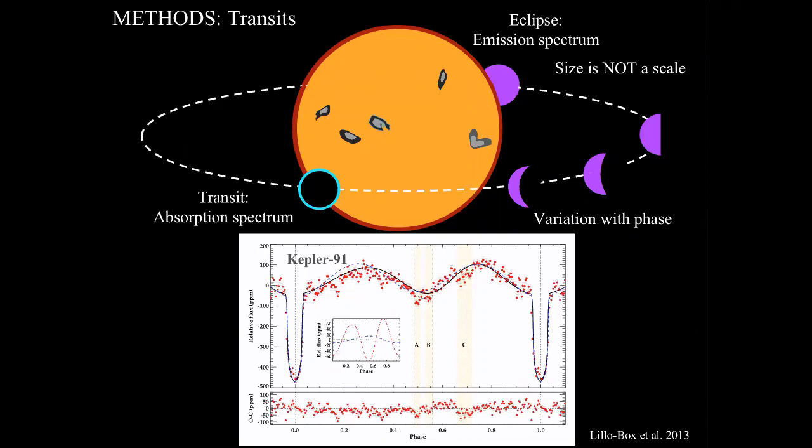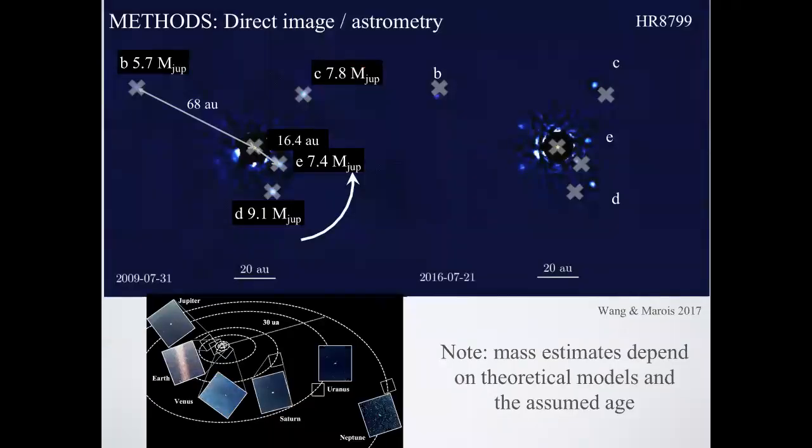So another method is direct imaging. In fact, what we would like to have for most of these systems is a picture. It's impossible for most of them because of the technology and the configuration of the systems. But nowadays, with the current technology, we have been able to detect systems as complex as this one.